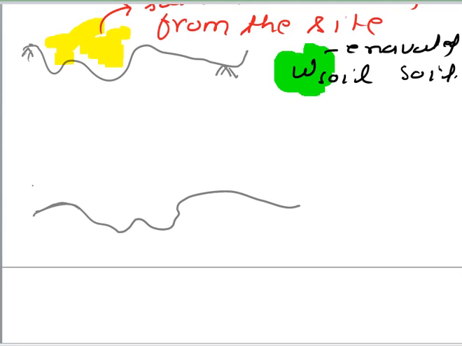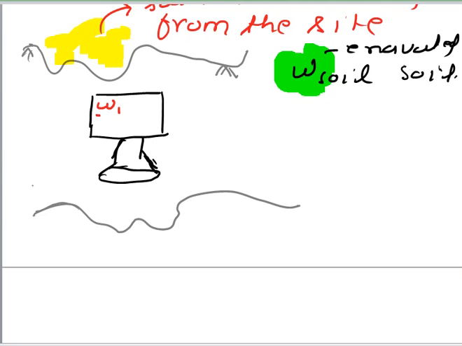Now what we do is we bring that setup over here, that is the cylindrical container and the conical pouring cone. Let the weight of sand in the cylindrical container be W1.